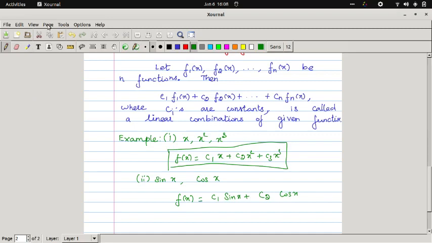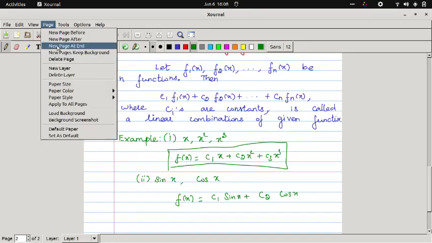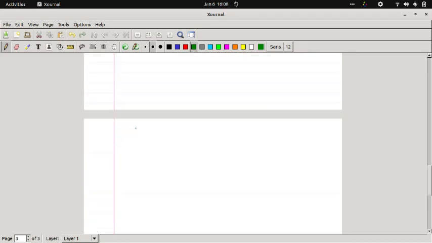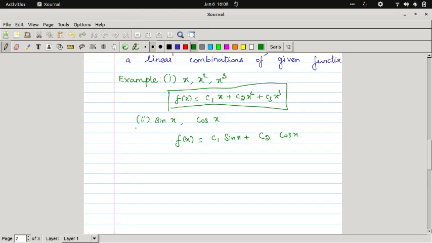Why do we require the linear combination? Because next we are going to see what the superposition principle is. It is one of the very important results, because whenever you have nth order linear homogeneous differential equations and you have some solutions, the linear combination is also again a solution.